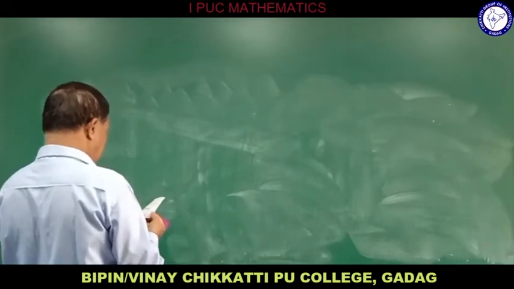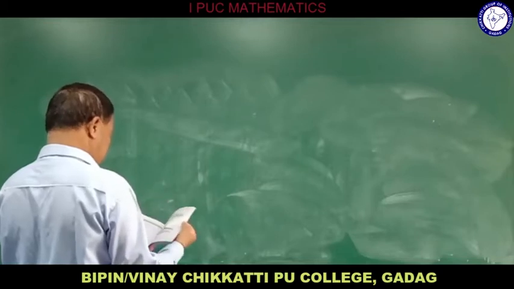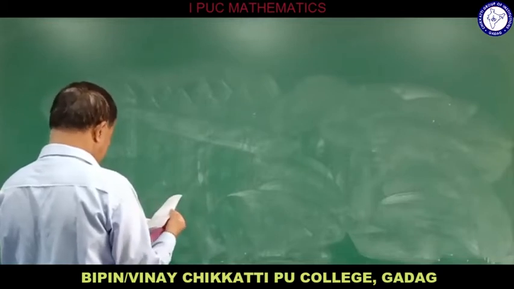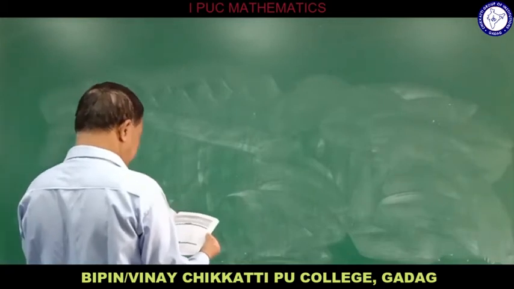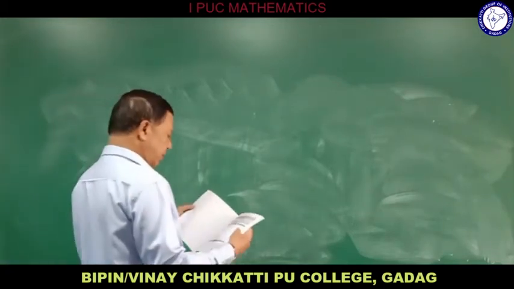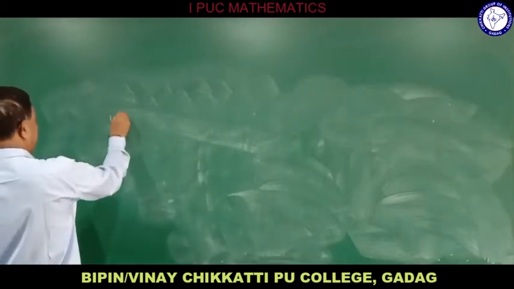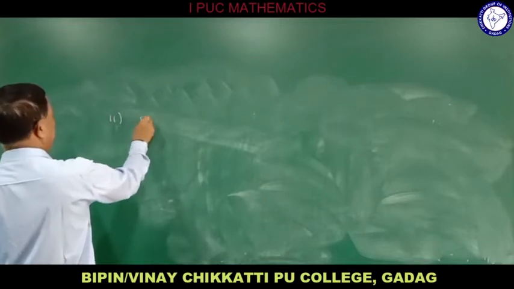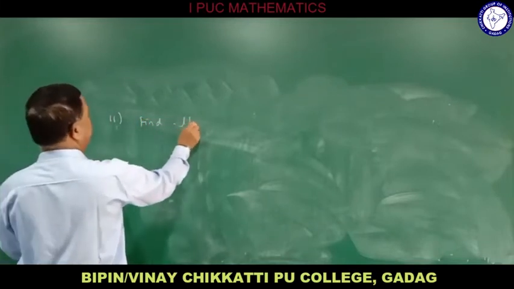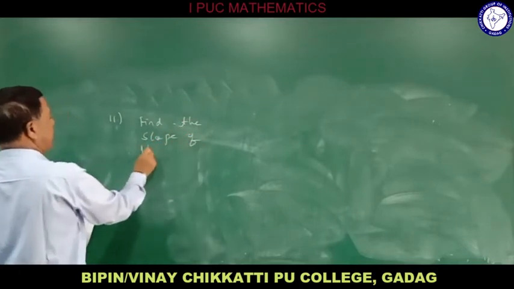This is question set number 11, and according to that you see the answer here. Some question papers here are from a mock question paper, number 11. What is the question? Find the slope of the line.